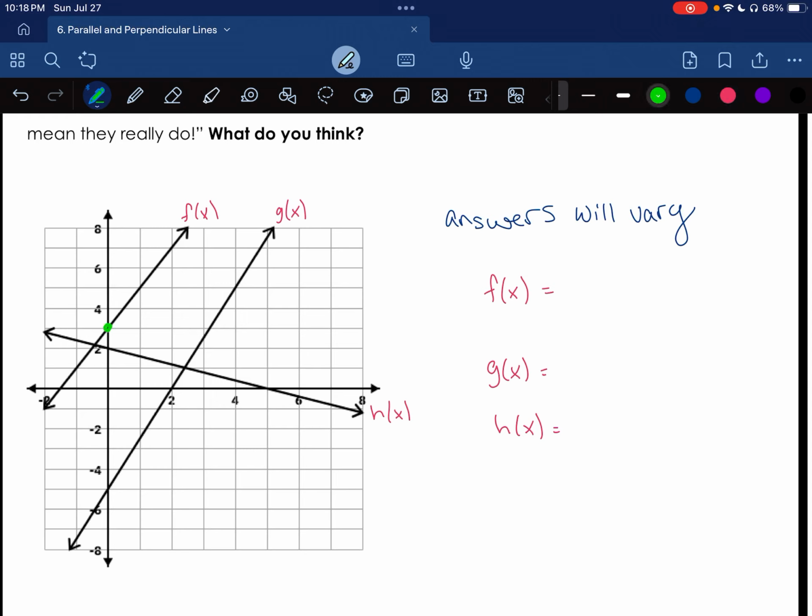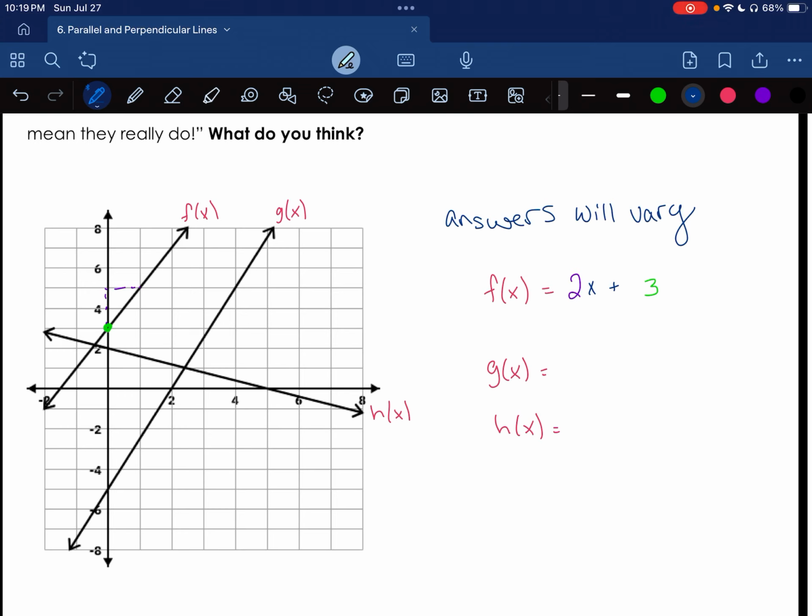So here we've got a y-intercept of 3 and a slope of 2, right? It's going up 2 and over 1. So this will be 2x plus 3, the equation for that first one.